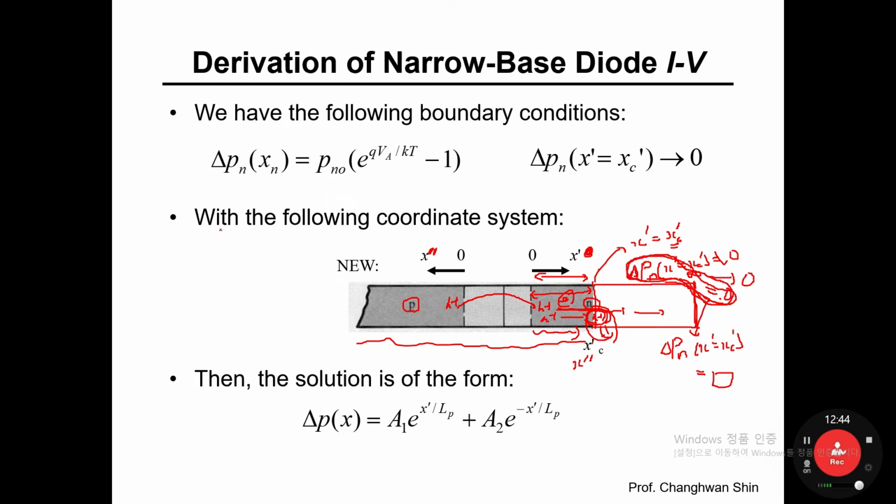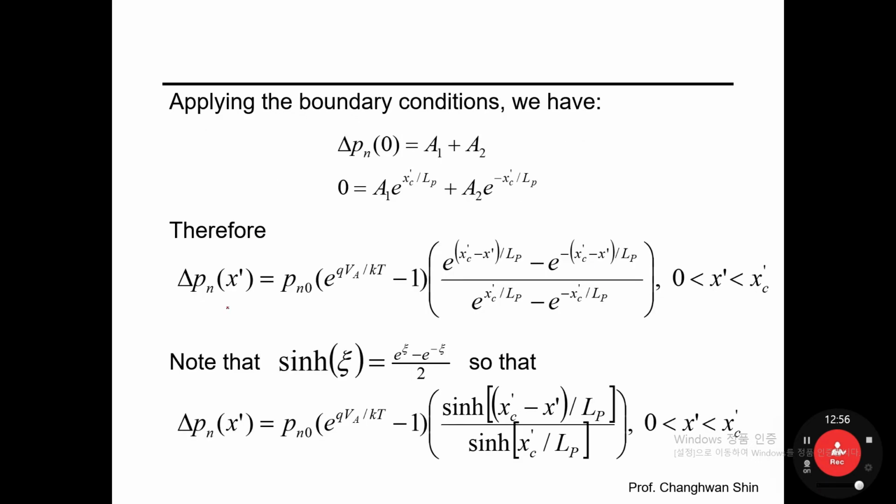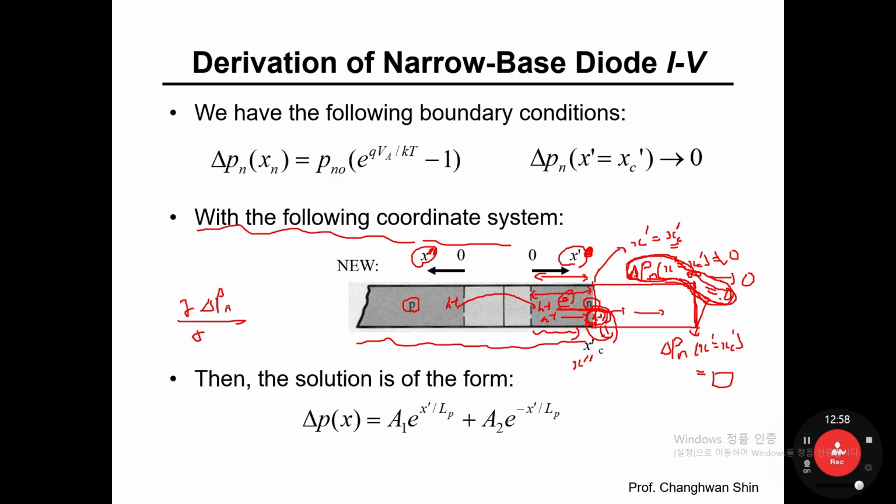Okay. So with the following coordinate system, x prime, the minority carrier diffusion equation for p sub n: I guess there is the full equation, no? Okay. The second order derivative is equal to delta p sub n divided by Lp squared.